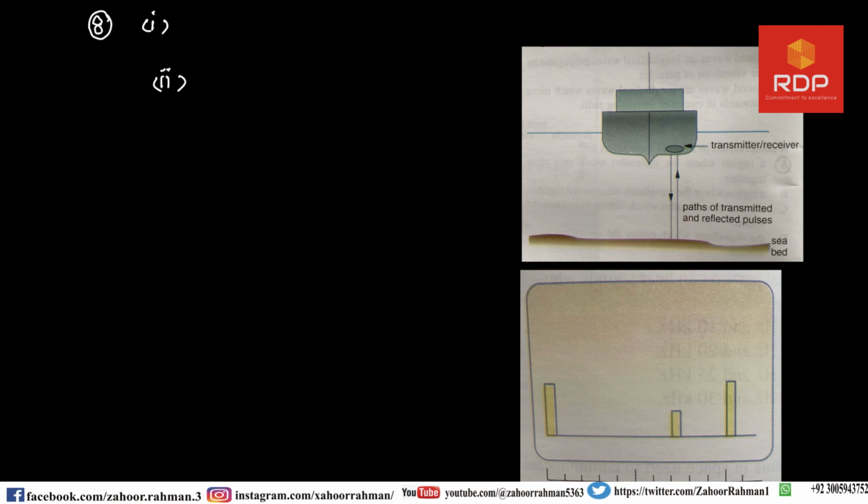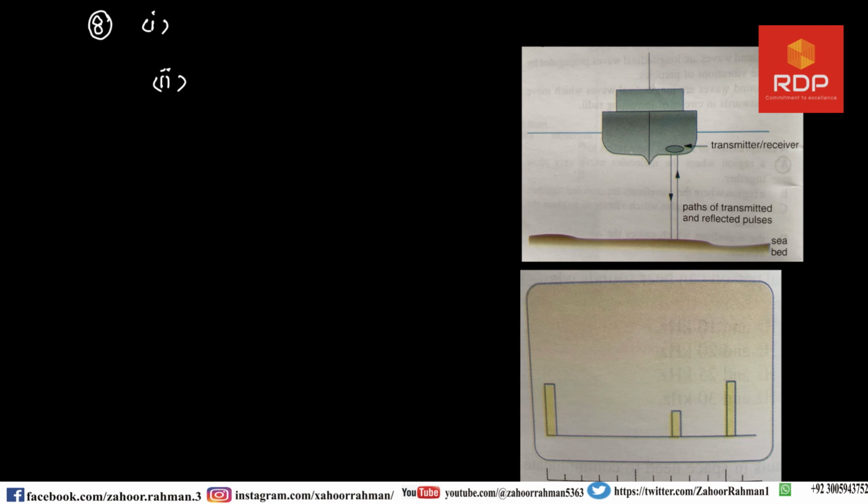First of all, there is a boat, there is a transmitter and receiver. You can see one is the incoming and one is the outgoing wave. The path of the transmitted and the reflected pulses. You can also see in the above figure the seabed as well, which is not flat.